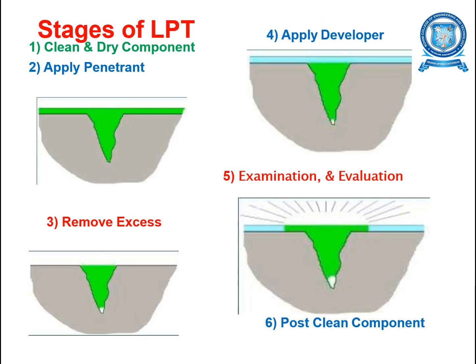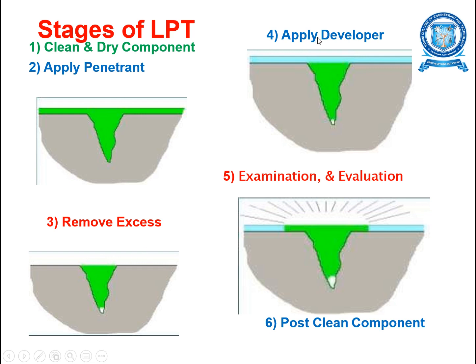So these are all the diagrams. The first stage is cleaning of the dry component, and the second is apply a penetrant, and the green color indicates the penetrant on the test specimen. The third is the removal of excess penetrant, and you can see from this diagram the excess penetrant on the top of the surface of the test specimen is being removed.